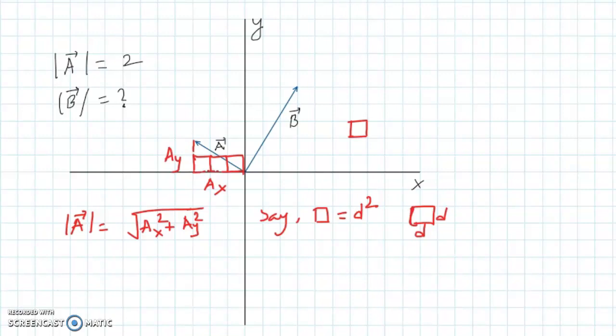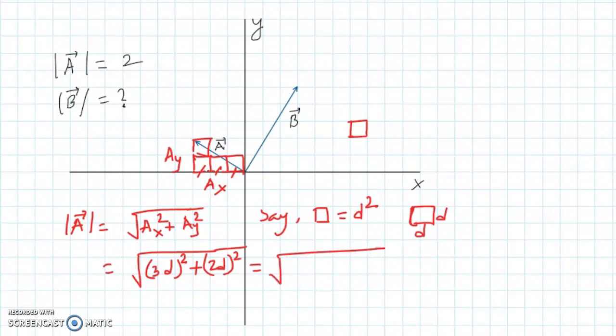Now here you see 1, 2, 3d, so ax can be written as 3d. I need to square it, plus ay is 1 and 2, so I have 2d here, also squared. Our result will be 9d squared plus 4d squared, which is 13d squared, and that is the square root of 13 times d.